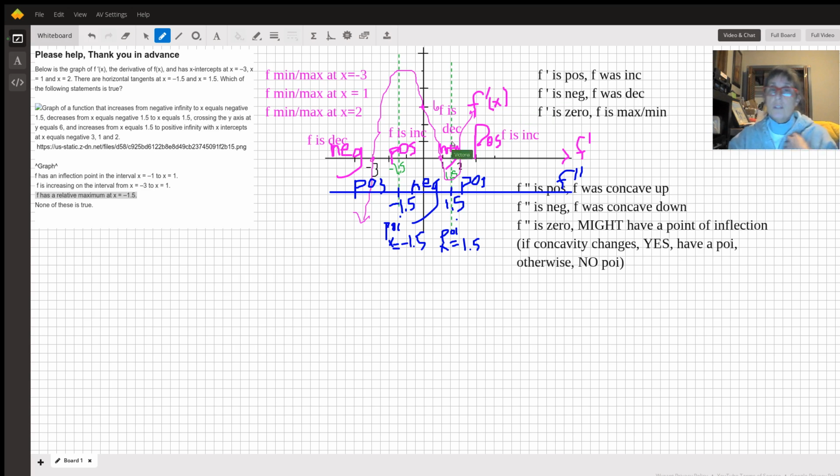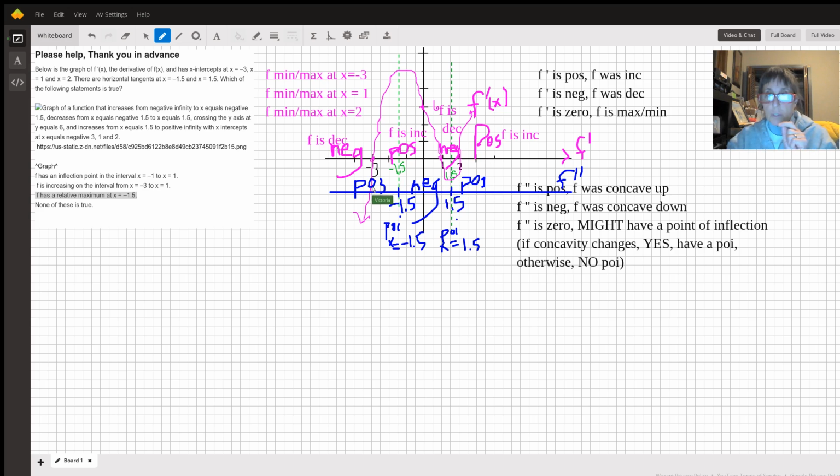And then when we take the derivative of f prime, we get f double prime. But when a function is increasing, its derivative is positive. So this is increasing, so its derivative is positive. Here it's decreasing, so its derivative is negative. Here it's increasing, so its derivative is positive.